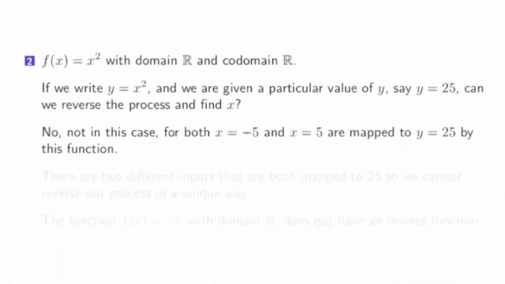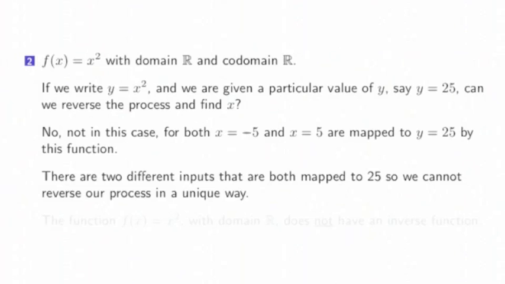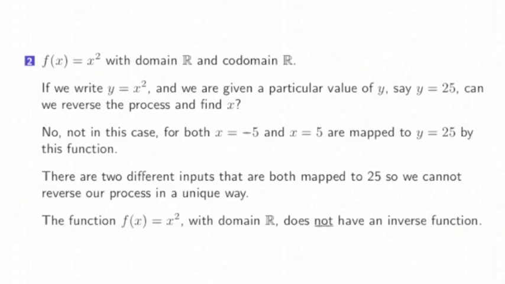In this case, we can't necessarily reverse the process, for both x equals minus 5 and x equals 5 are mapped by this function to y equals 25. There are two different inputs in the function f of x equals x squared that are both mapped to 25, so we cannot reverse the process in a unique way. The function f of x equals x squared, with domain all the real numbers, does not have an inverse function.